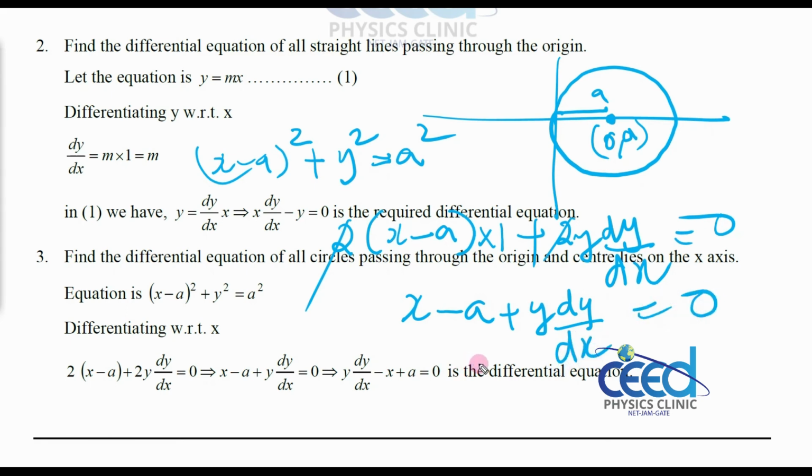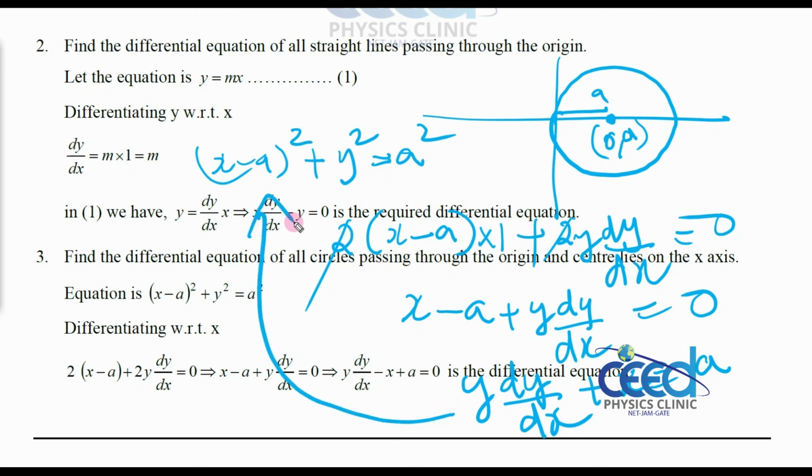Then I can write this as y dy by dx plus x is equal to a. Now I can substitute this a into the equation, so that I can eliminate the constant a.